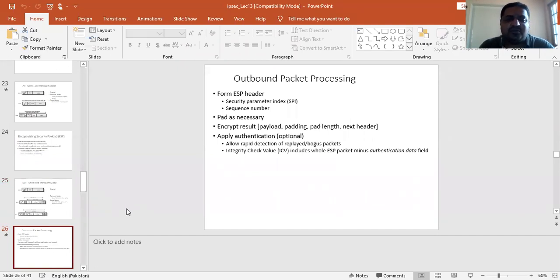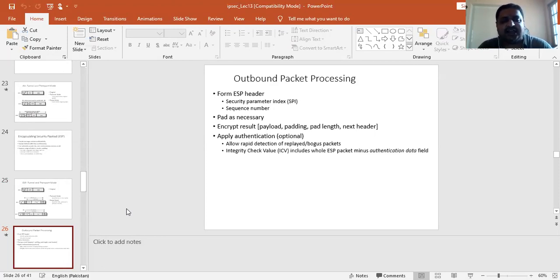For example, we can define policies for the outbound packet, and we define policies for the inbound packet. So as we know, different security parameters are used, which define the different policies for the particular packet.